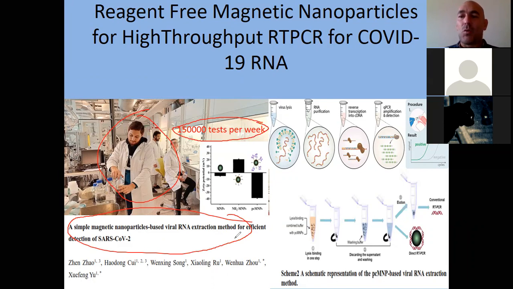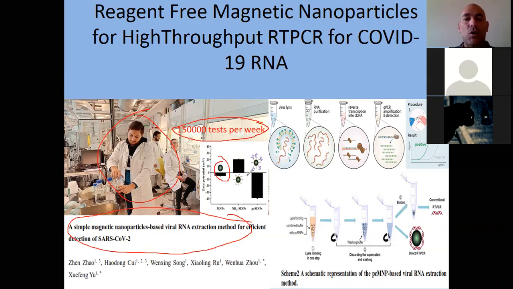There are more than 20 papers reporting this. But the key is that for the past 15 years, we didn't really have a use for it. But now we do. And these are the magnetic nanoparticles.